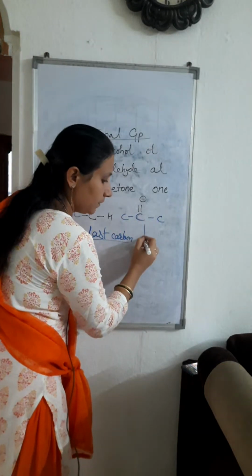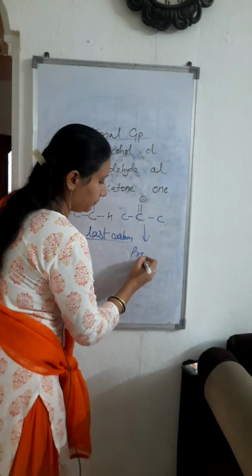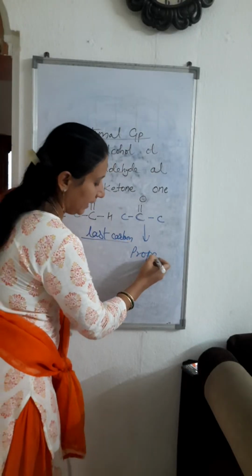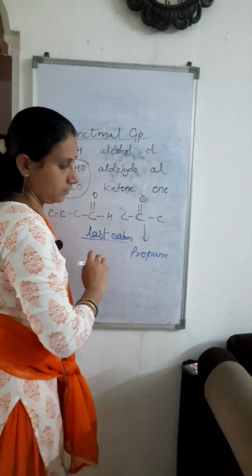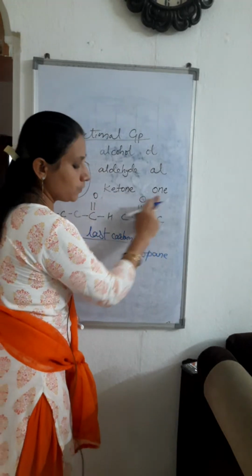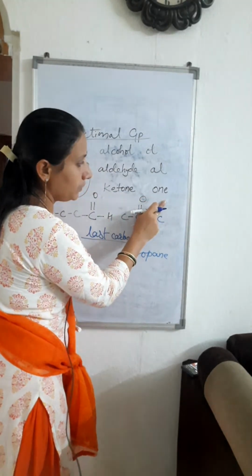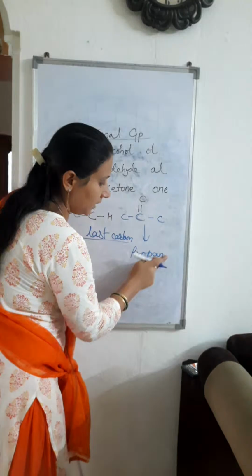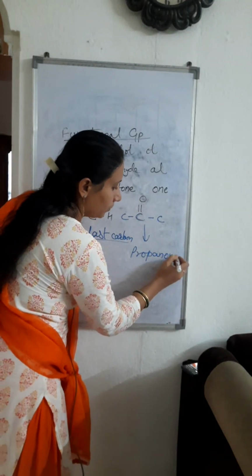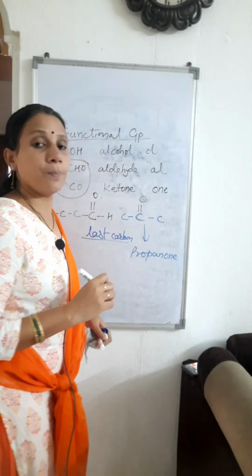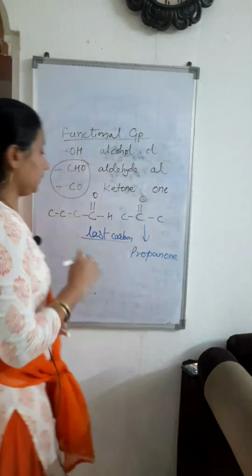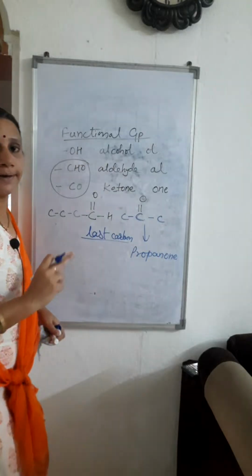For 3 carbons we call it prop. Then ane as a single bond is there. For ketone we use on. So we remove this E and put on. So this is propanone. This is the difference.